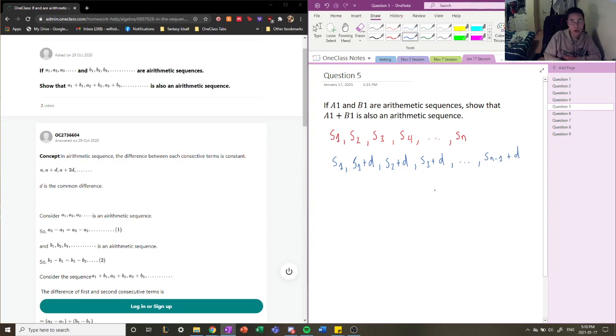Another way that we can describe an arithmetic sequence is if the difference between consecutive terms is the same.